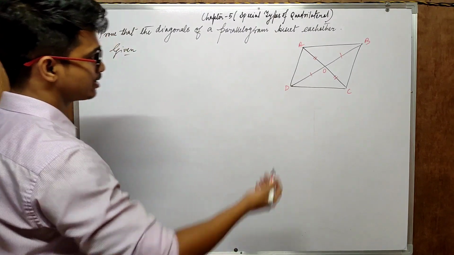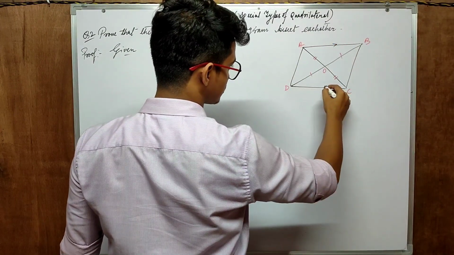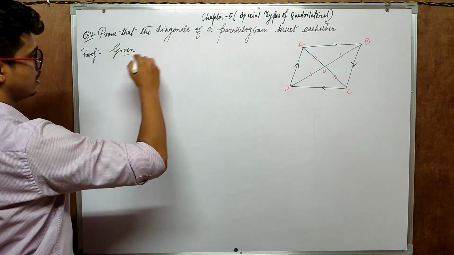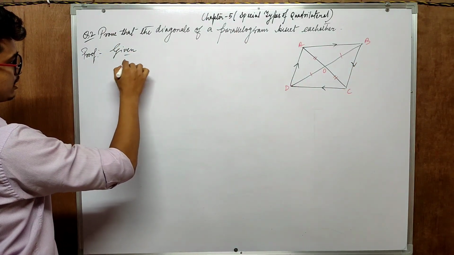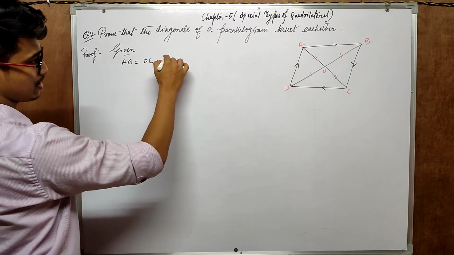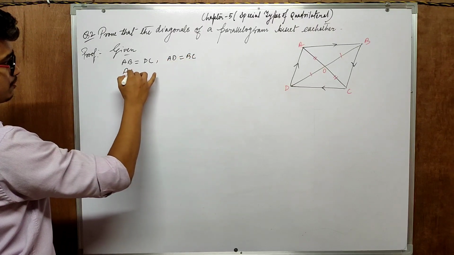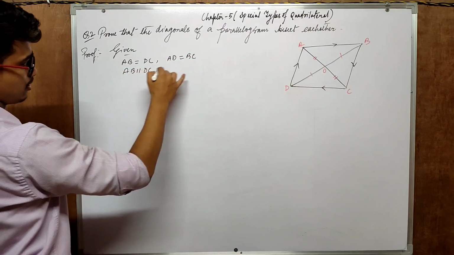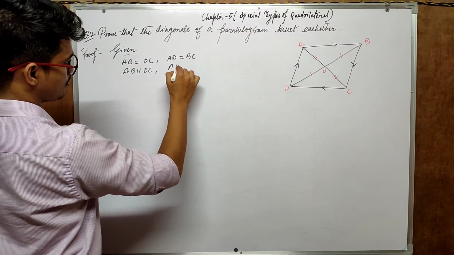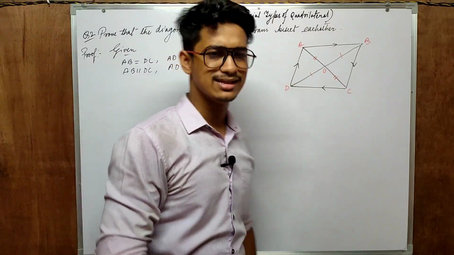In the parallelogram, we know that opposite sides are parallel and equal. So AB equal to DC, AD equal to BC, AB parallel to DC and AD parallel to BC. One more thing, the opposite angles are equal.